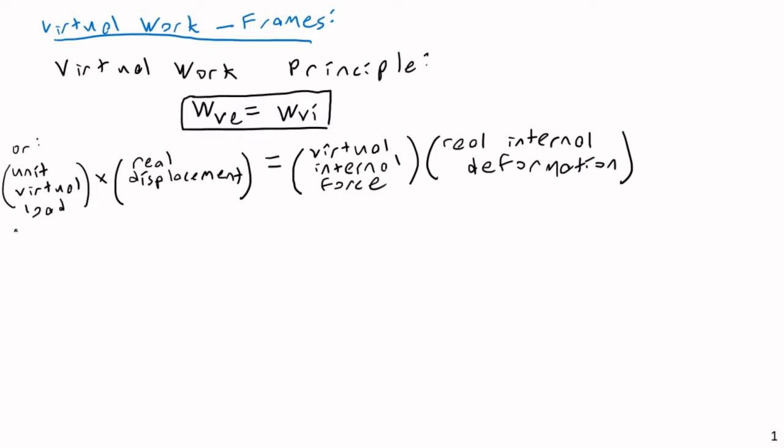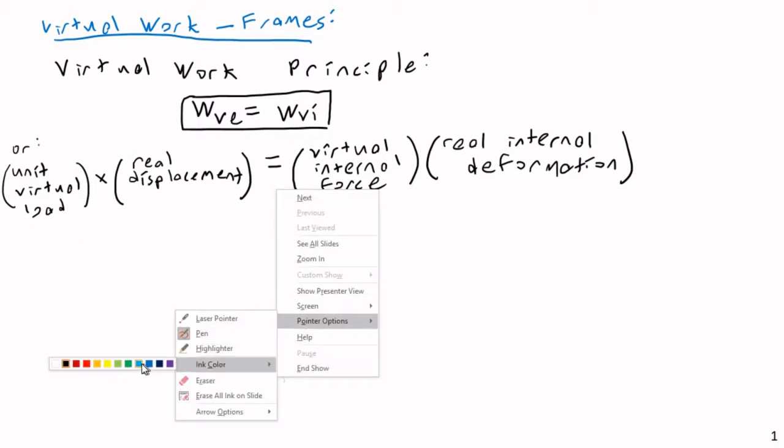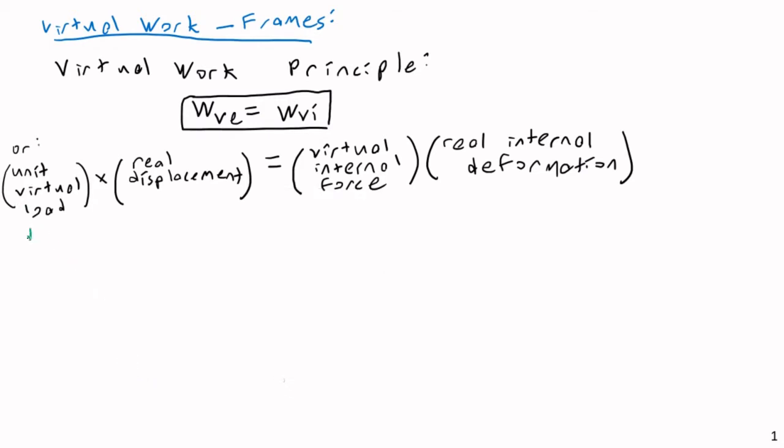So for trusses, when this is applied, we'll have the following equation. We're using the same general form for both trusses and beams, but there are slightly different variations.